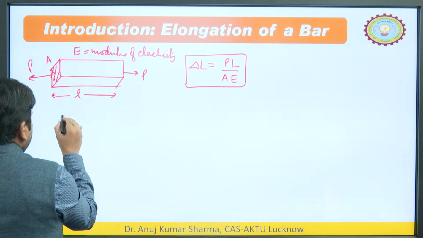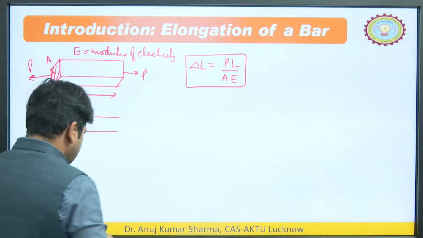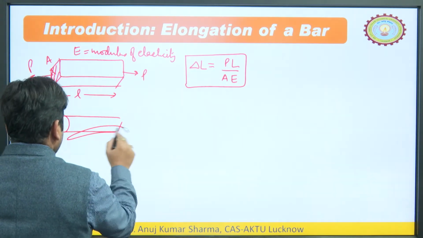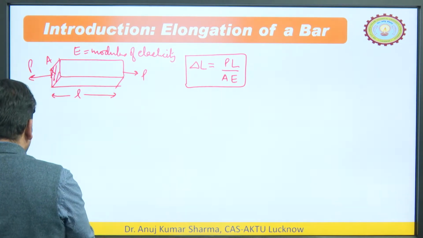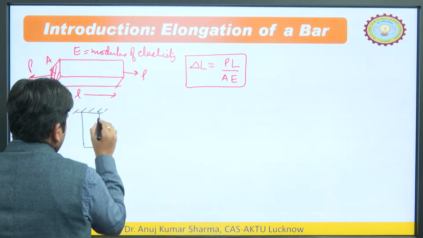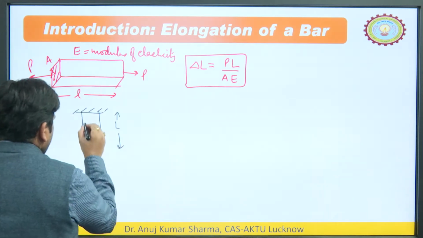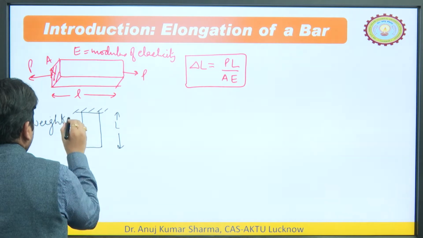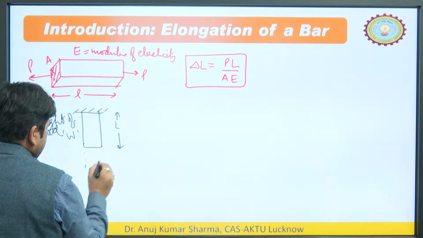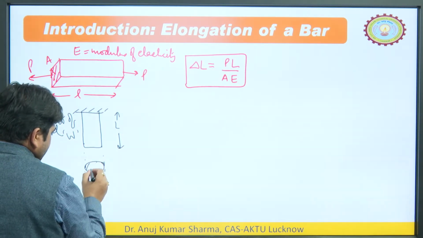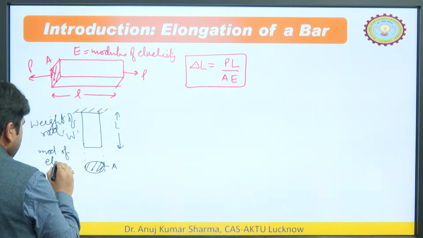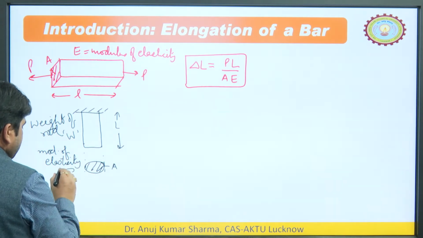Now, the second case: let us say this is the rod, and this is the length of this rod, and the total weight of the rod is W, and the cross sectional area, whether circular or rectangular, is A, and the modulus of elasticity of this material is E, right.